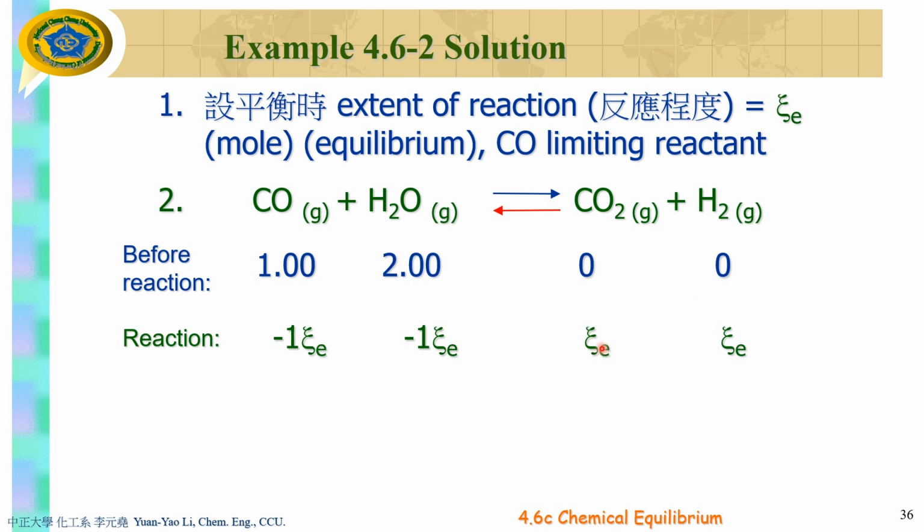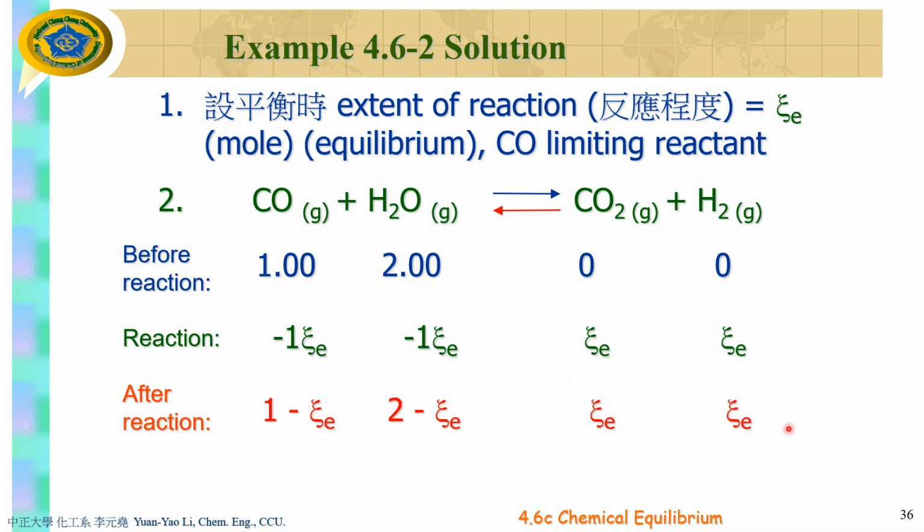X_E stands for equilibrium. Okay? E stands for equilibrium. So after reaction, you will have 1 minus X_E, and you will have 2 minus X_E, and this will be X_E, X_E.